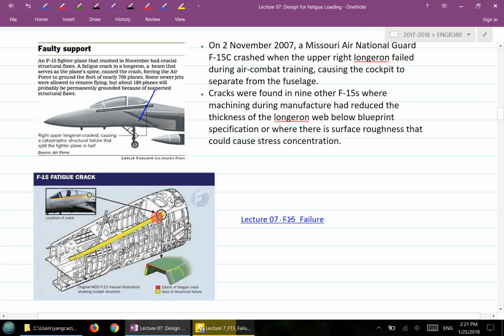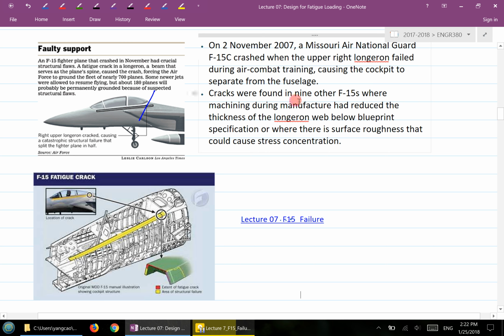As we just said, when you have a discontinuous or non-uniform geometry, at that location there is this so-called stress concentration. That's the location which caused this failure to happen.